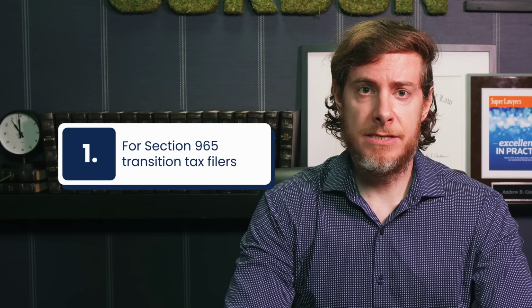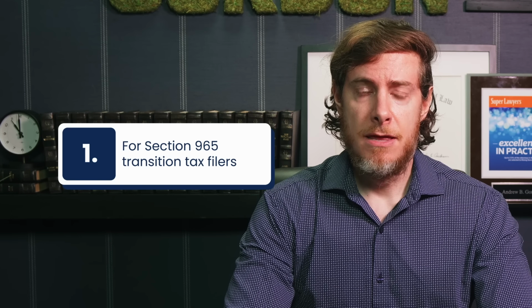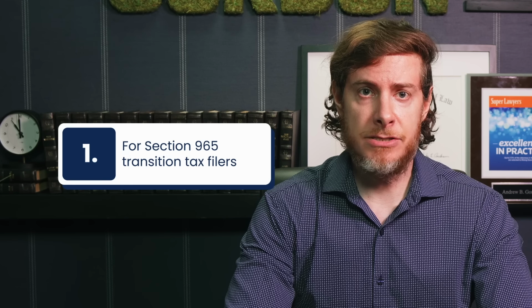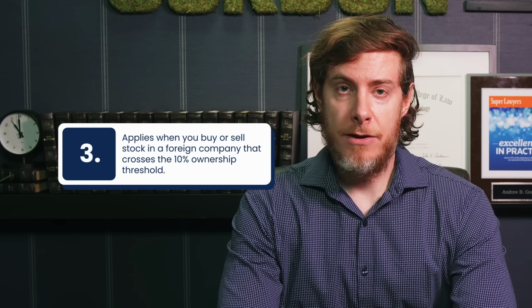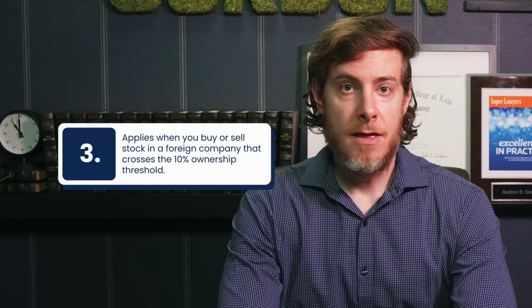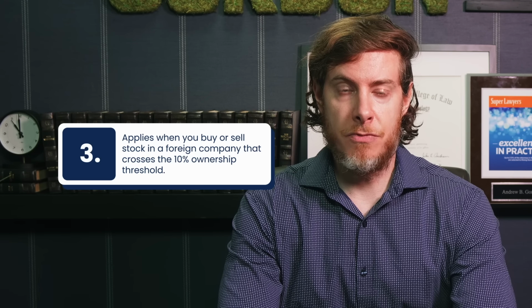The IRS breaks filers into 5 categories, and they're not simple. Let me walk through them. Category 1 is for Section 965 transition tax filers. This was part of the 2017 Tax Cuts and Jobs Act and likely doesn't apply to you anymore. Category 2 applies if you're an officer or director of a foreign corporation where a US person acquires 10% of a foreign corporation. Category 3 applies when you buy or sell stock in a foreign company that crosses the 10% ownership threshold.